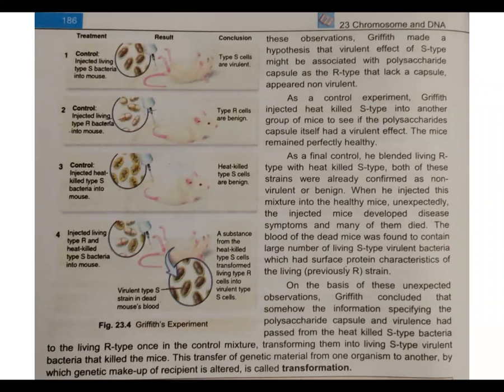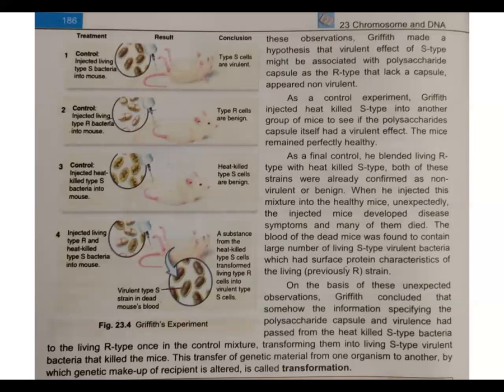As a final control, he blended living R type with heat killed S type, both of which initially did not harm the mice. And to his surprise, when he injected heat killed S type with the live R type, the mice died.